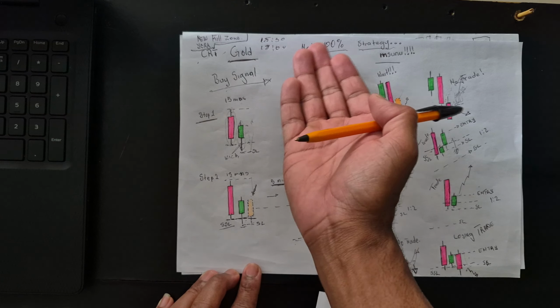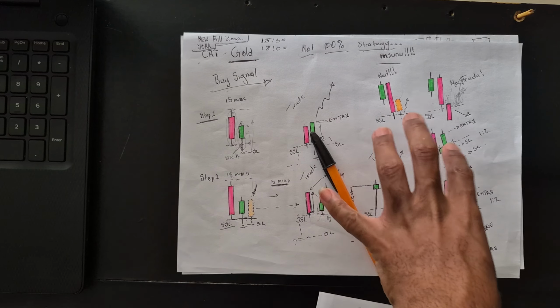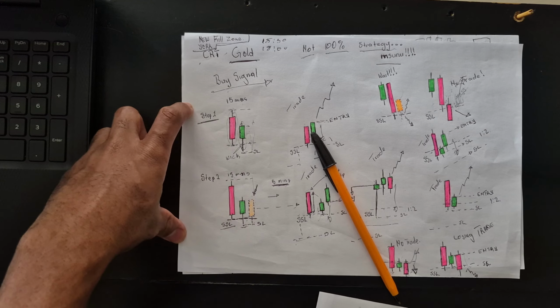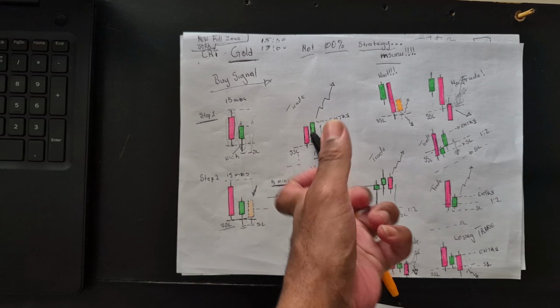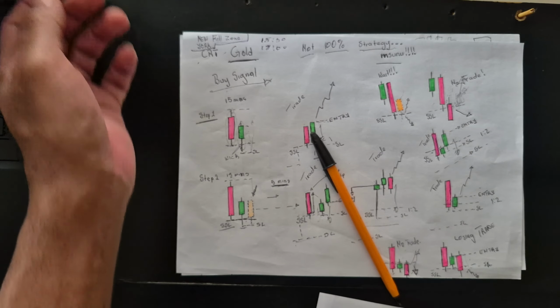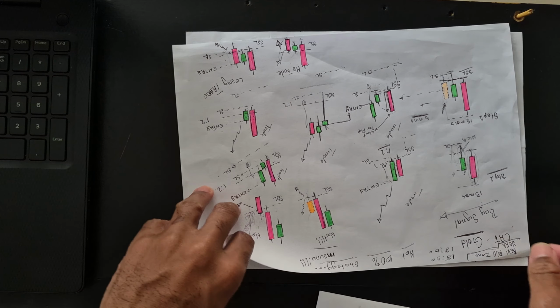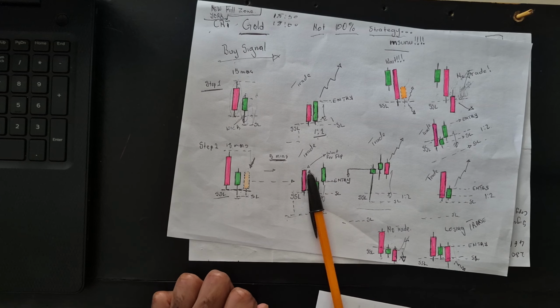That's why we say no 100% strategy, right? So if you want a sell pattern here, you can simply flip this into a sell pattern, but you will have to move it in a different direction, because like this, it doesn't actually make sense. But if you flip it and then turn it like this, it will become your sell pattern.